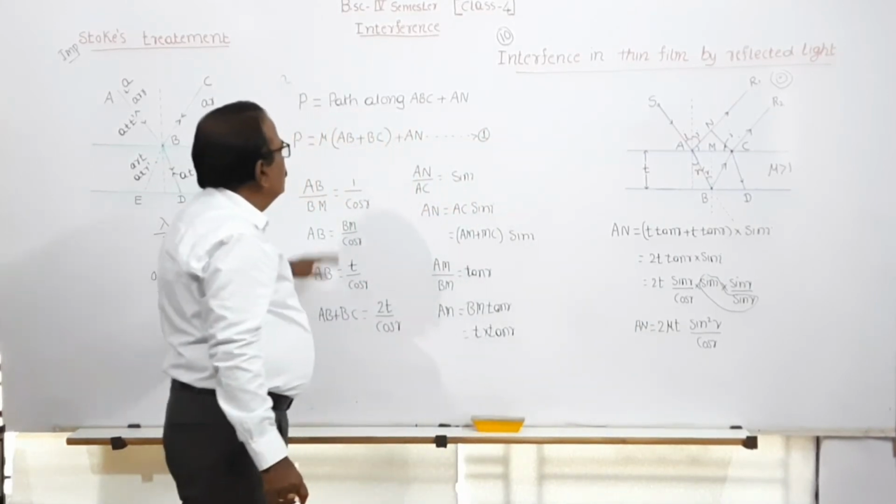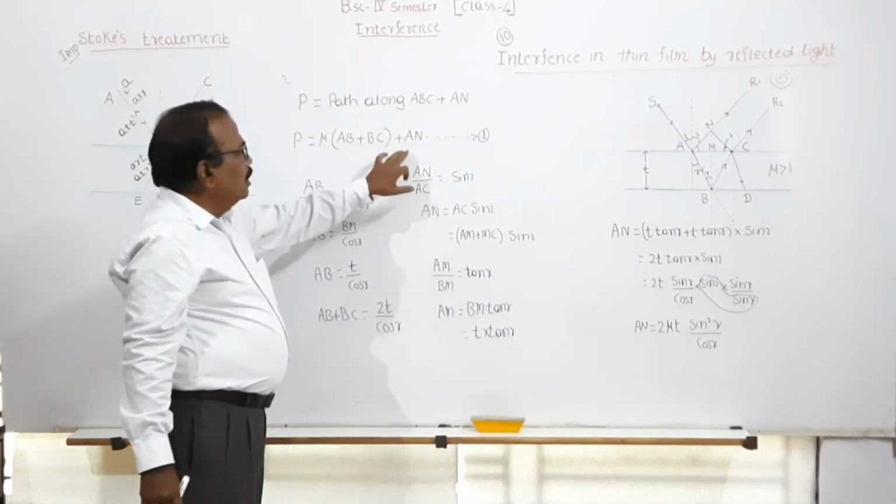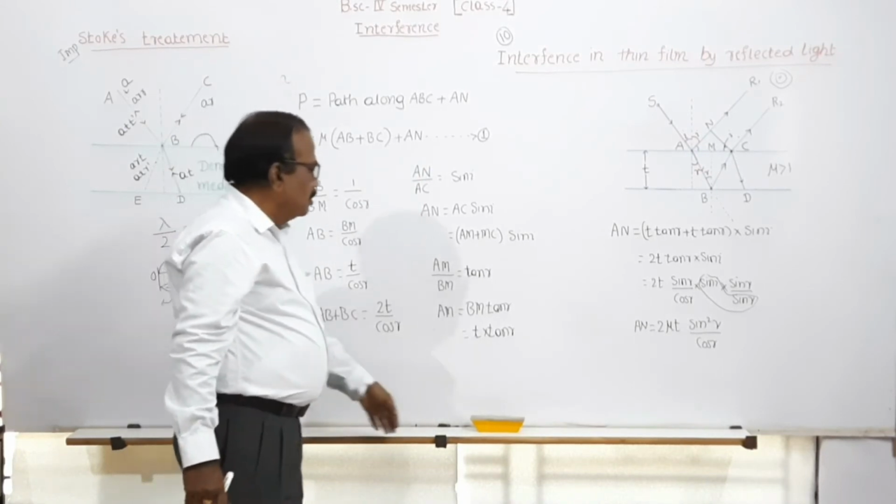Now substitute the value of AB, BC and AN in this equation 1.